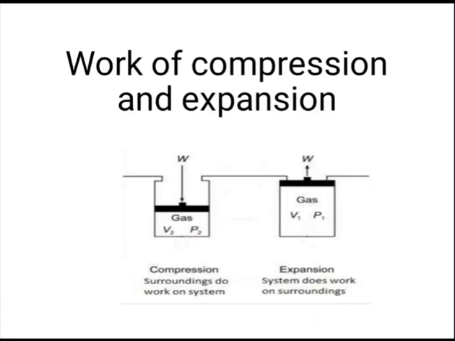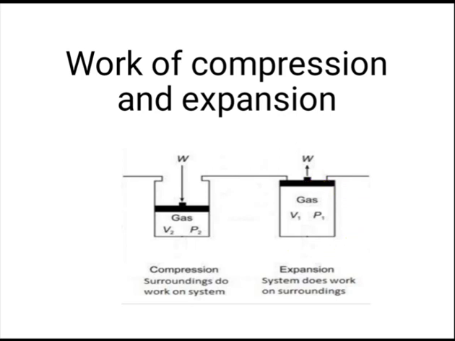So see, work of compression and expansion. This is our first point. Suppose this is the first system, where the pressure is P1 at volume V1 and there is work W. This one is a piston and in this container the gas is filled.